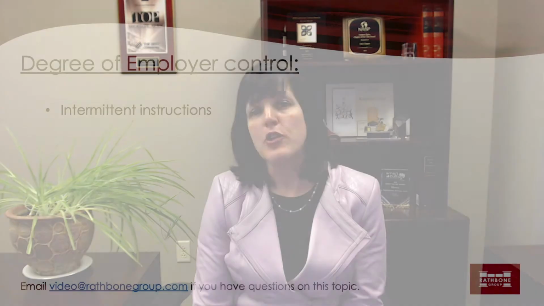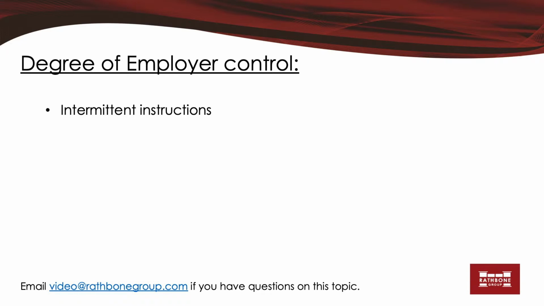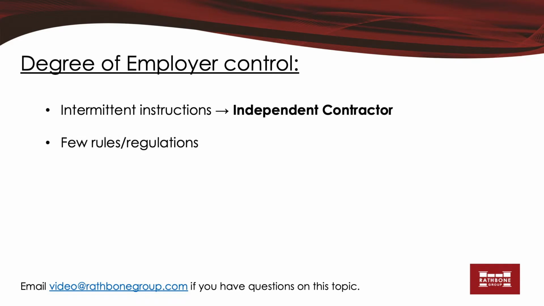In all of these things, the employer has to assert more control than just occasionally. So if it's just intermittent instructions, it's really not going to lend itself to employer-employee relationship. That would be more of an independent contractor. If they make only the odd rule or regulation over the contractor, it's probably not going to be enough.